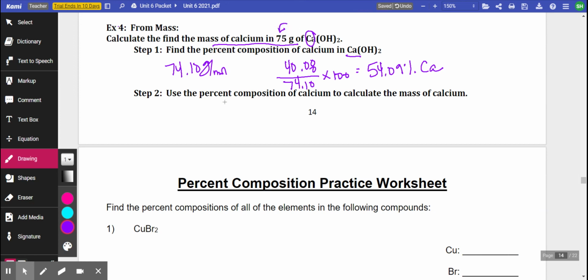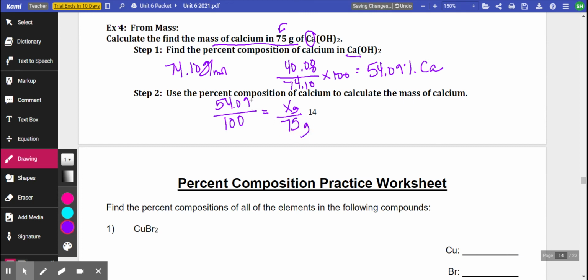So I think the way you guys have been taught to set this up is to take the percentage, 54.09, out of 100. So think about if I had 100 grams of calcium hydroxide, there would be 54.09 grams of calcium. Set that equal to how many grams of calcium, so X grams of calcium out of 75 grams of calcium hydroxide.